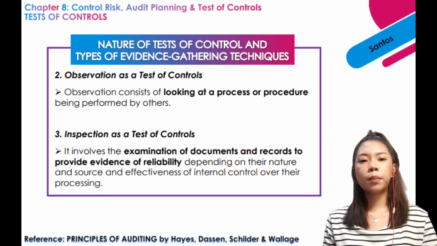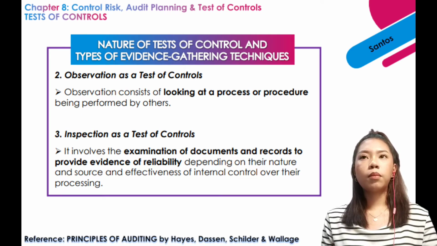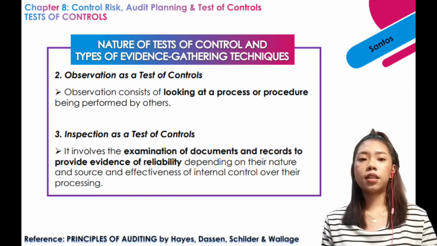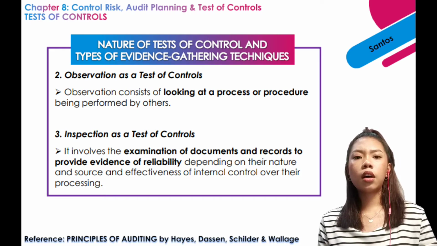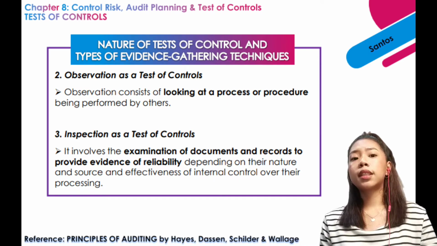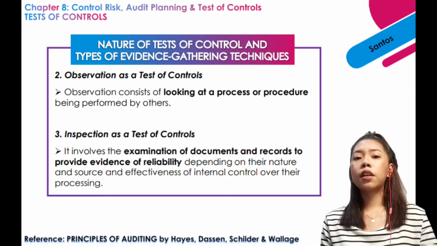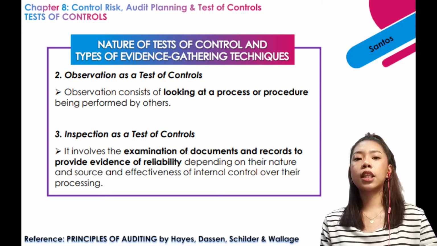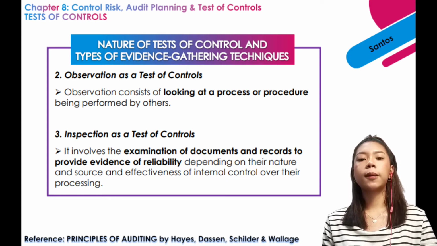That authorized person should have the signature attached to the sales invoices. So the auditor will verify if the control is applied. He will check the sales invoice if there is a purchase number and the signature of that authorized person.